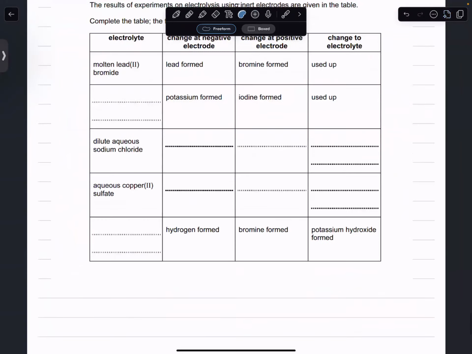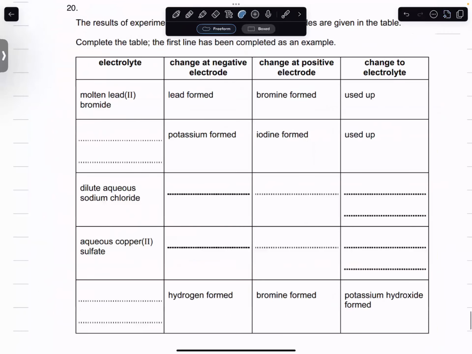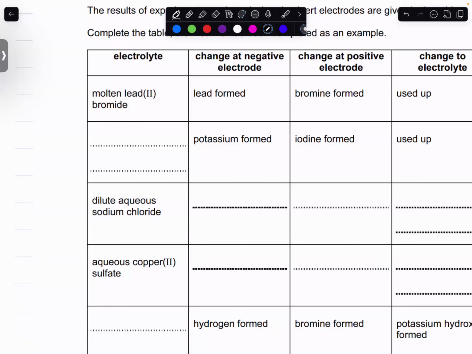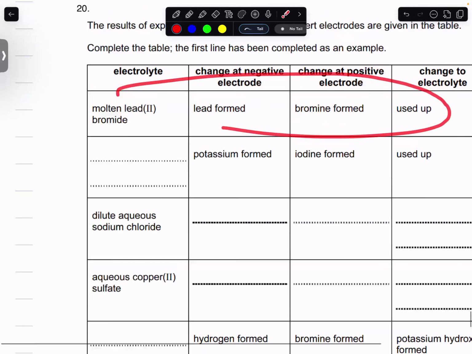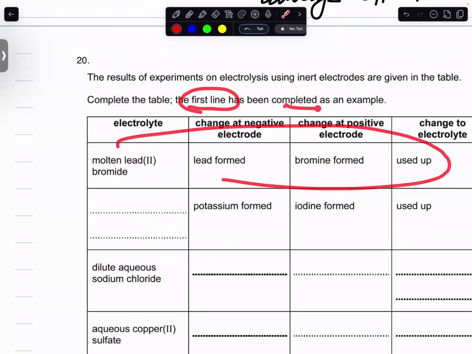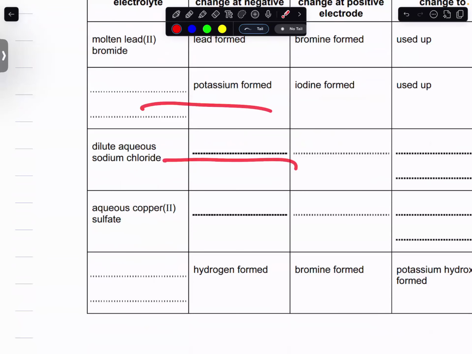So what is the first case? They have given you molten lead bromide. The change at the negative, the change at the positive, used up. The first line has been completed. We are supposed to complete for this, this, this, and this.